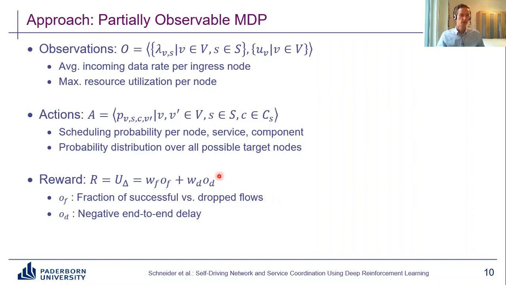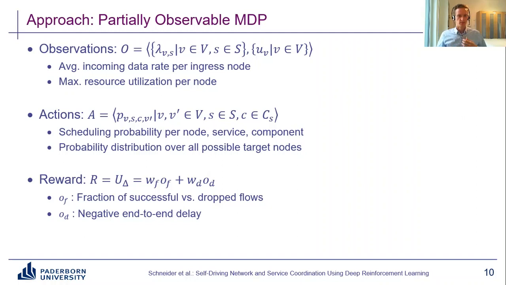And then finally, also the negative end-to-end delay. So we maximize the negative end-to-end delay, meaning we minimize the end-to-end delay to get good service quality. And what's important here is to normalize these two objectives to the same range. We normalize them to -1 and 1, so that they're in the same range and more comparable, so that one objective does not always outweigh the other one.